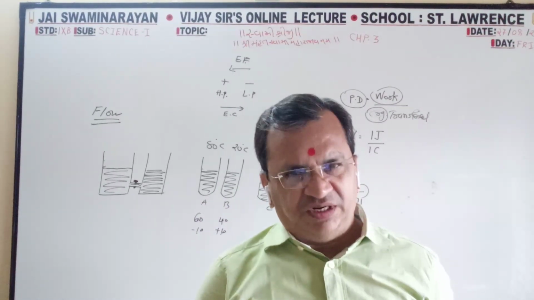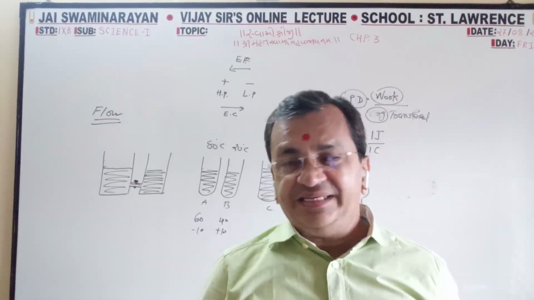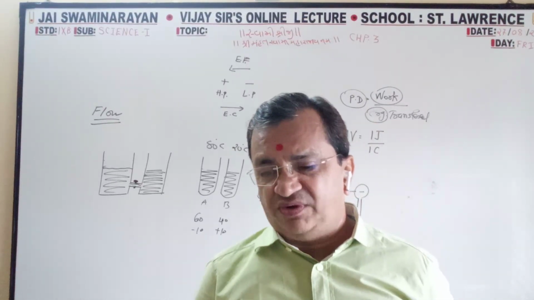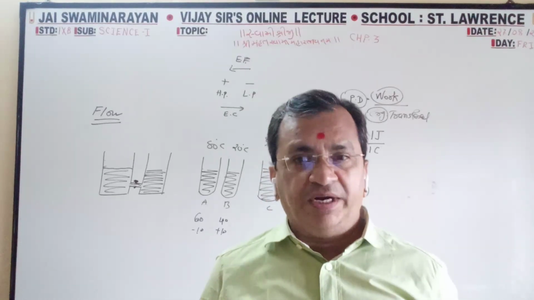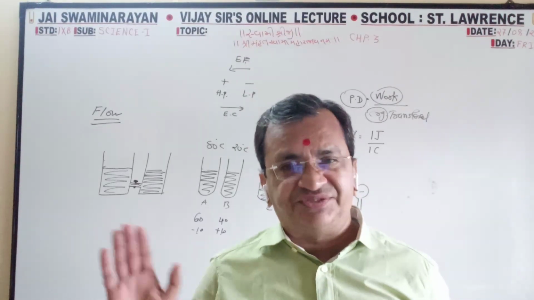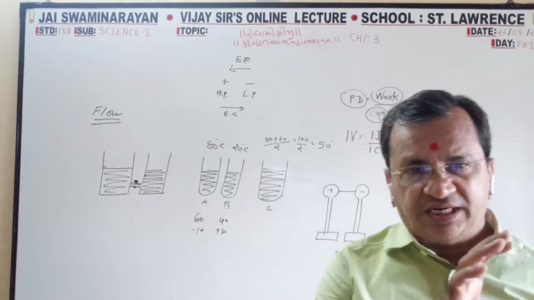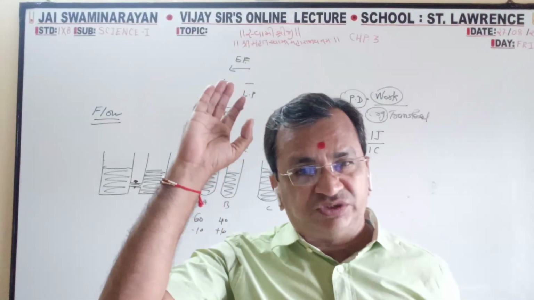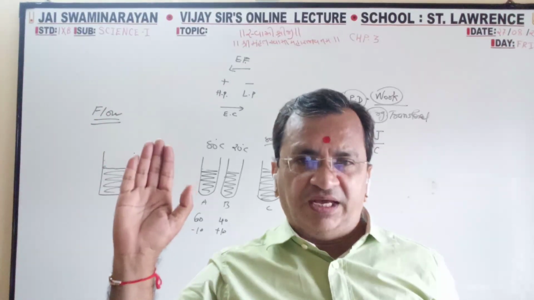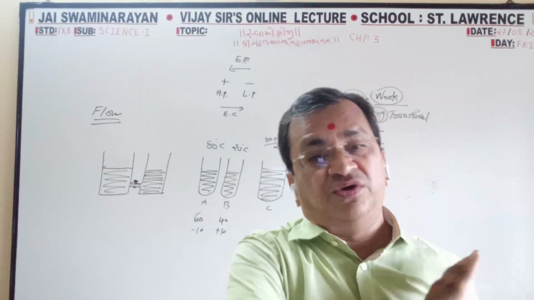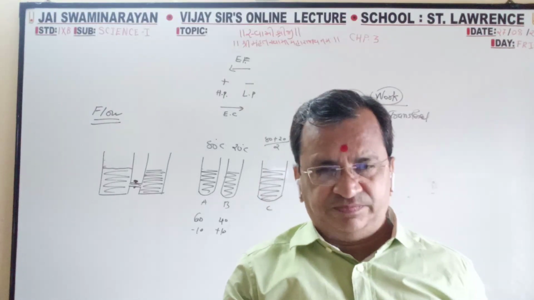Understood? Any question? These are the basic fundamentals of electric current, because you have to learn more at a higher standard. It should start from flow: water flow, then temperature flow, then wind flow, then current flow.